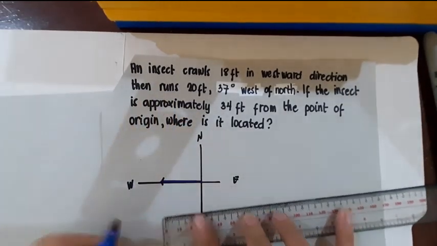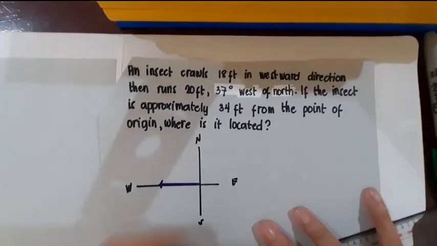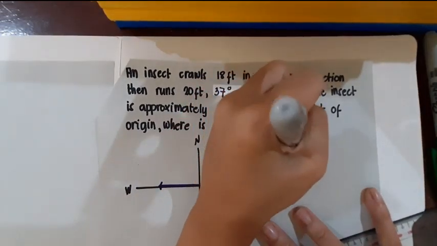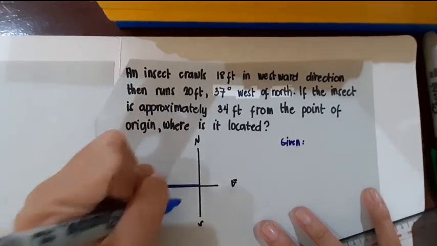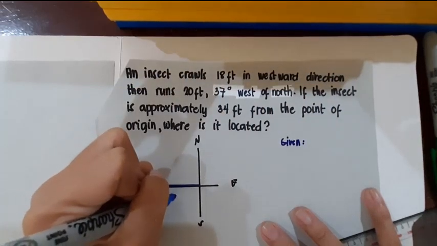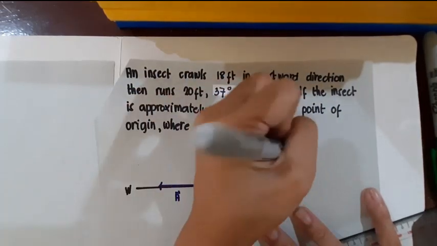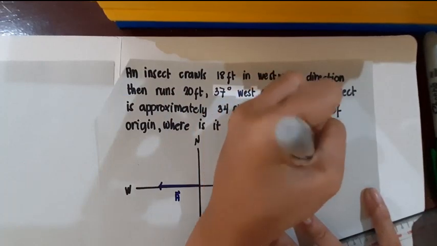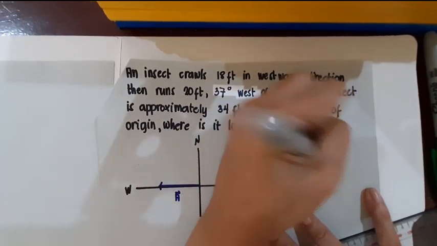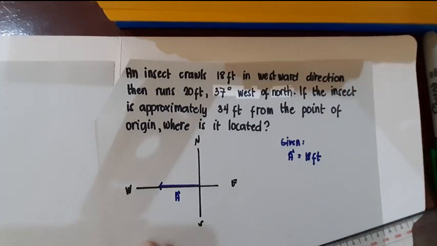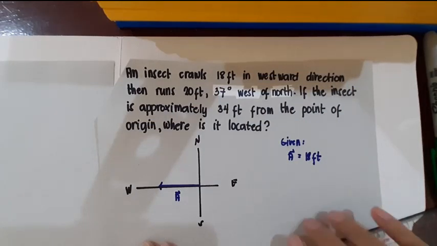This is our first given. Let's call this vector A, that's 18 feet.